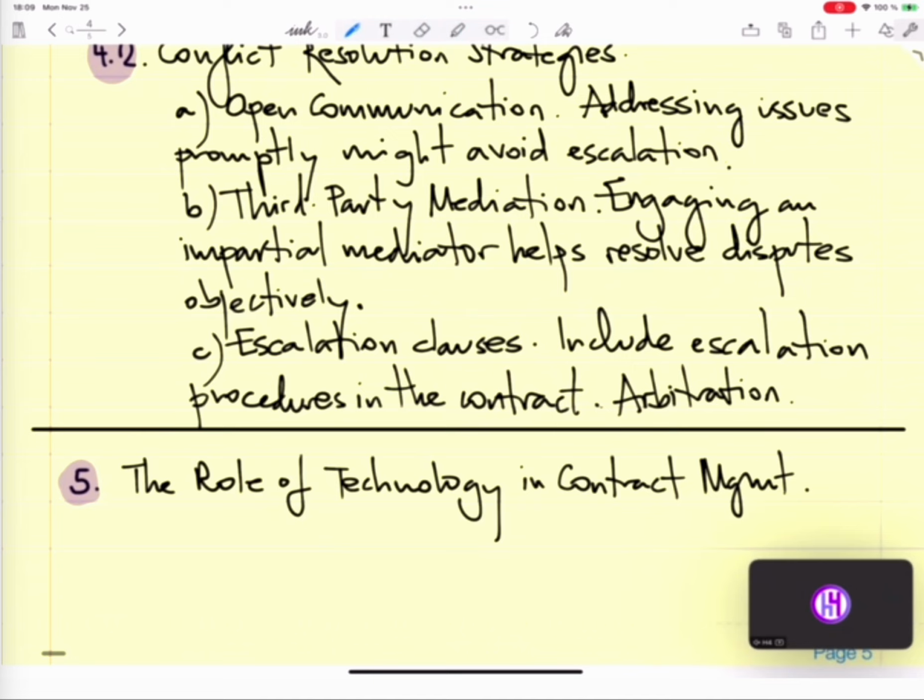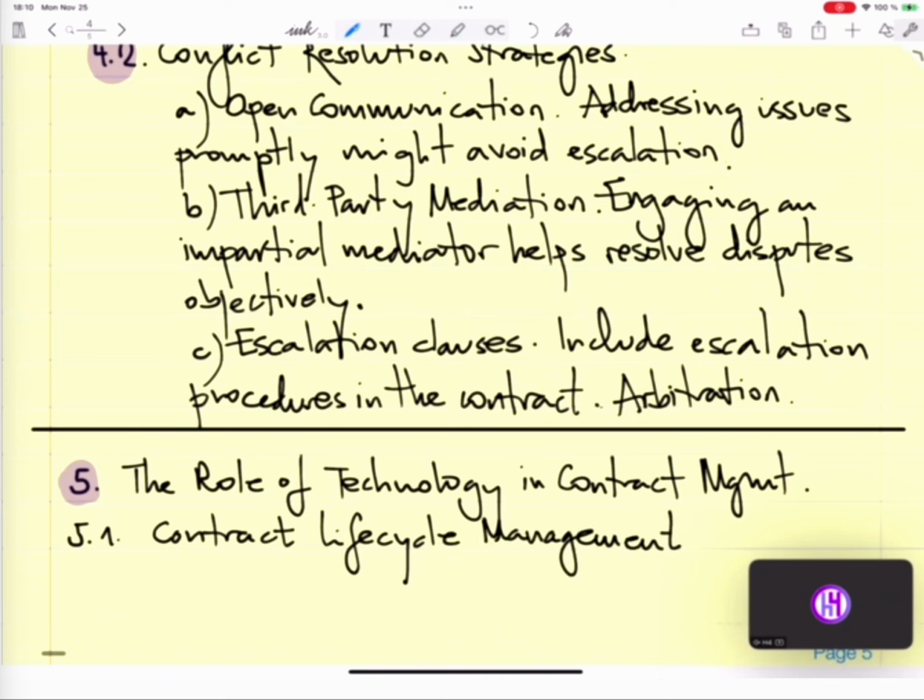There are certain issues you need to be aware of. Okay, the first one is CLM, which is contract lifecycle management. CLM software.